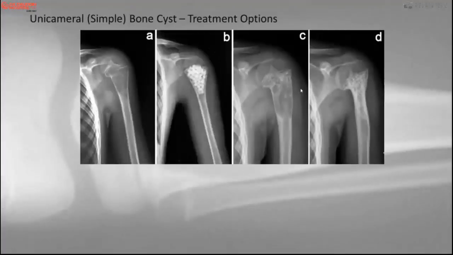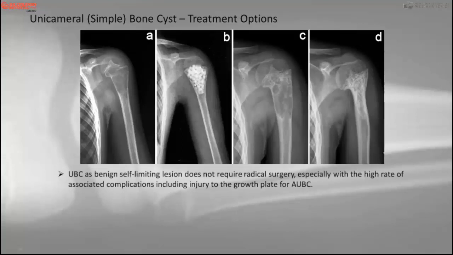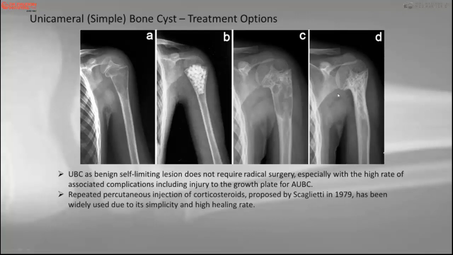These are the various treatments that we have given. This is a simple bone cyst which is filled with bone cement, and again a bone cyst which is treated by injection of multiple corticosteroids, ending up with healing.